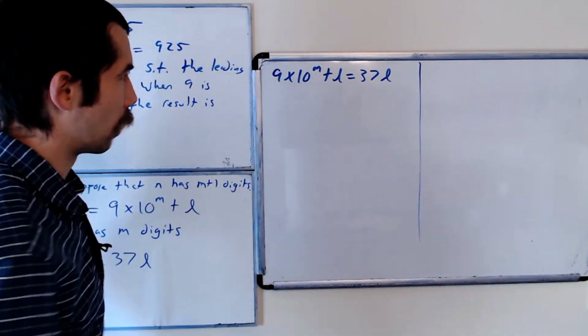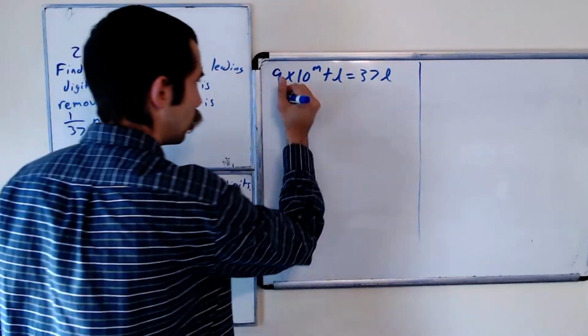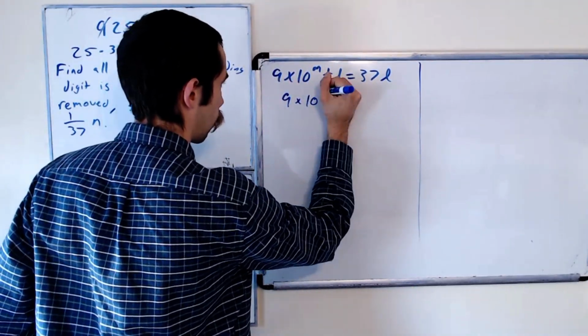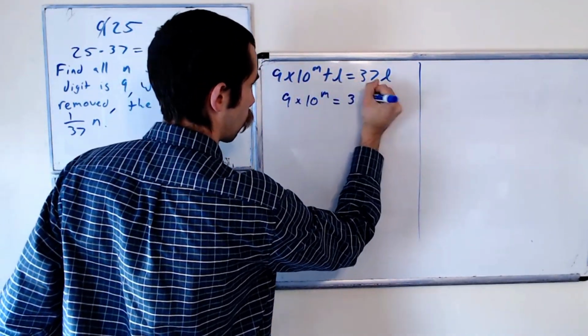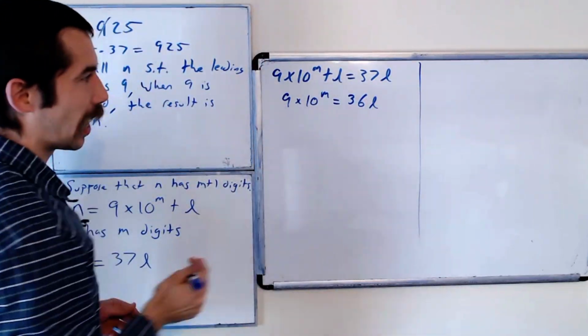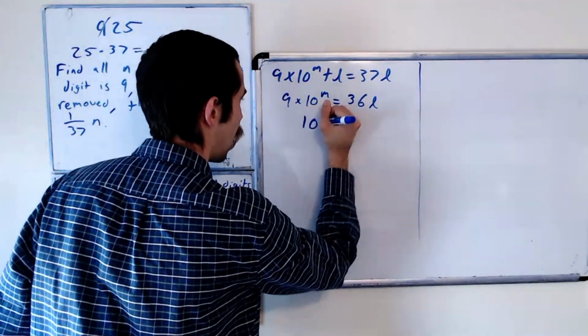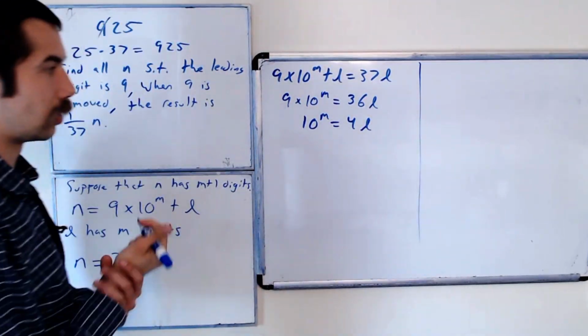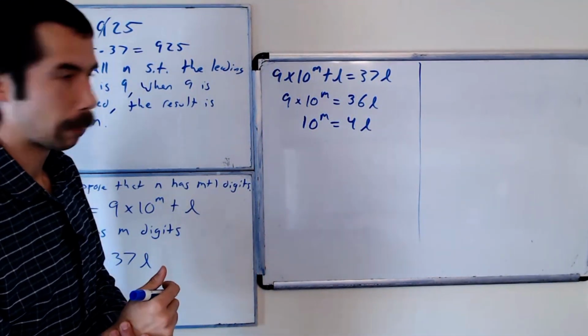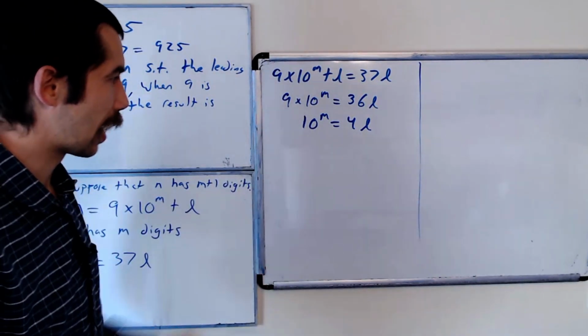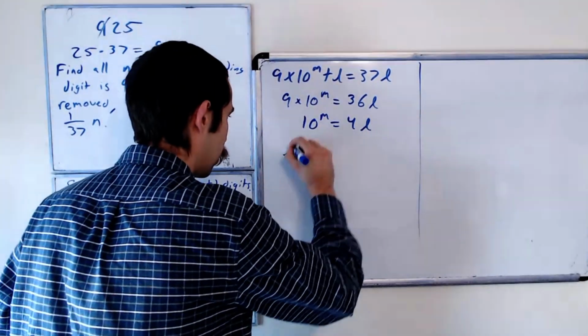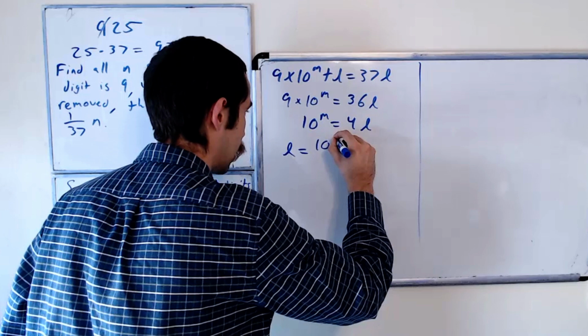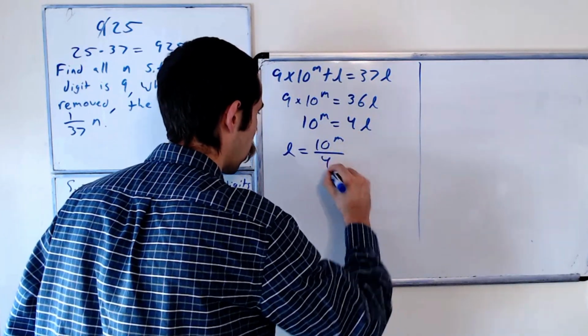And let's rearrange this equation. We could subtract over the L. And now let's divide by 9. So we have 10 to the m is equal to 4L. Okay? And now we could get L by itself. So L must equal 10 to the m over 4.